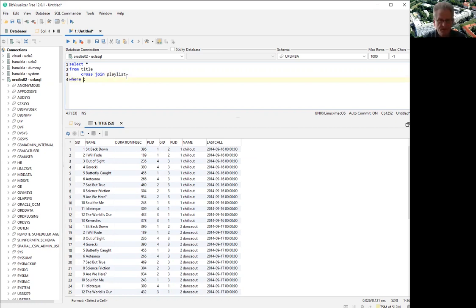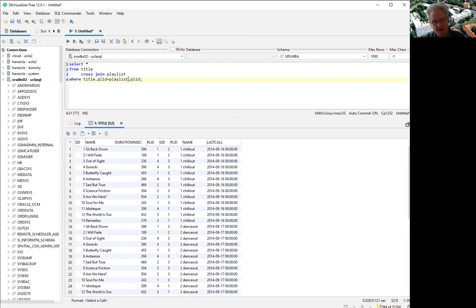Just where. And now, since the playlist ID is in both tables, if we are referring to them in the SQL query, we have to make it unique. So we have to say title.plid equals playlist.plid.